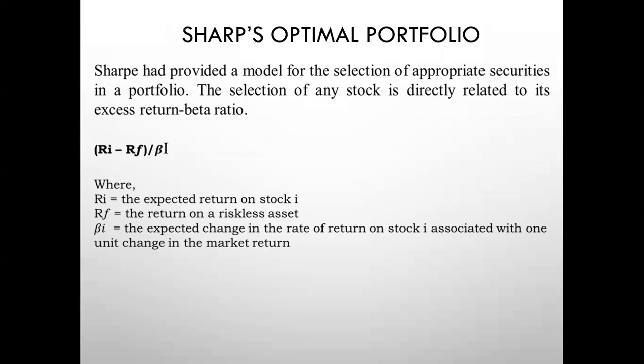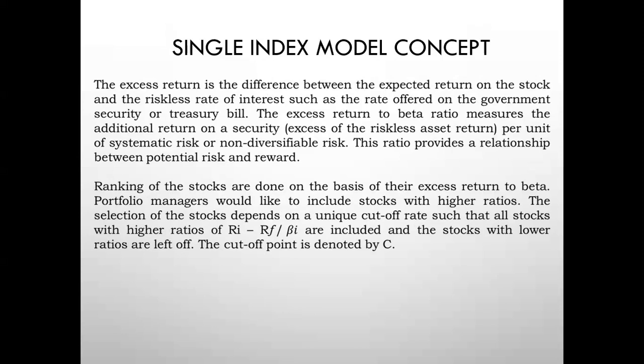So Ri is the expected return, Rf is the return on the riskless asset or risk-free asset, and beta is the change in the rate of return on the stock associated with a 1 unit change in the market return. Then this is the model concept: the excess return is the difference between the expected return on the stock and the rate of interest, as I mentioned earlier.